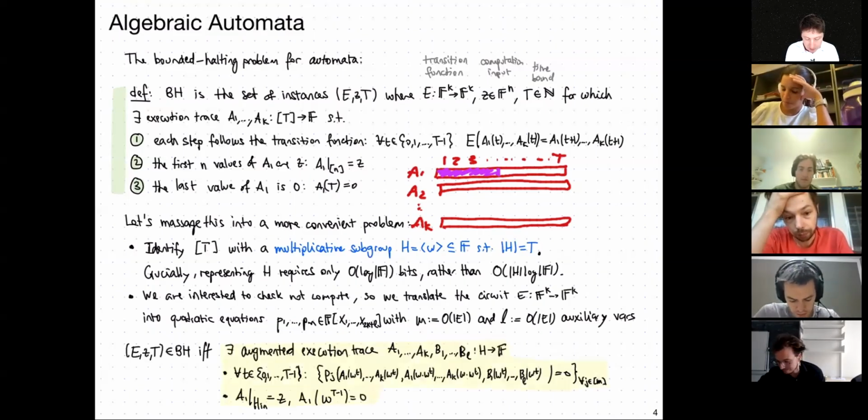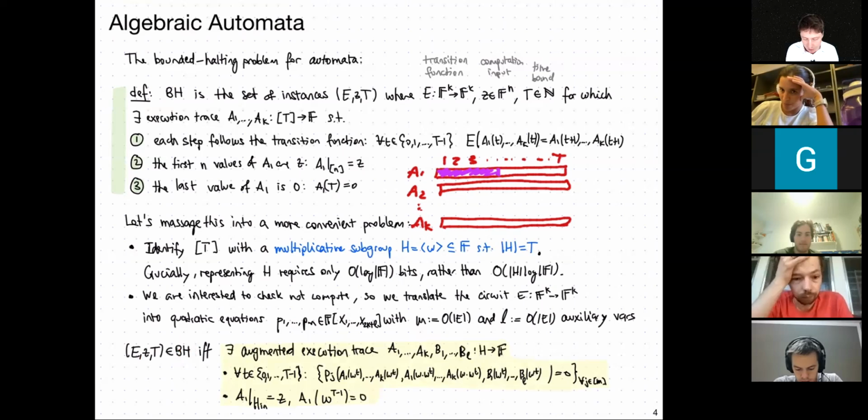Great. So now we can actually say that an instance is in the bounded halting language if and only if there is an augmented execution trace, A1 through AK, and let's call these auxiliary registers B1 through BL, such that all of these equations are satisfied. So what am I going to pass in here as input? I'm going to pass as input the state of the current time and the state of the next time.